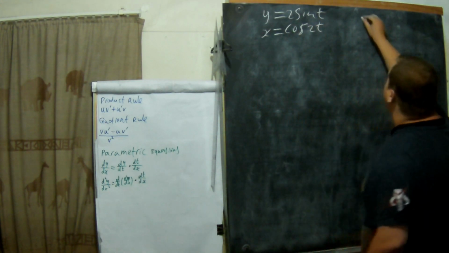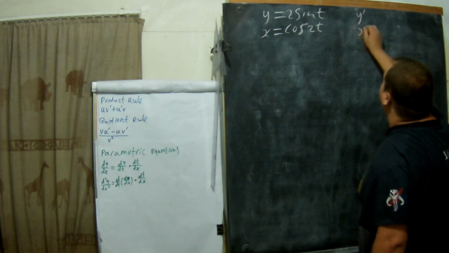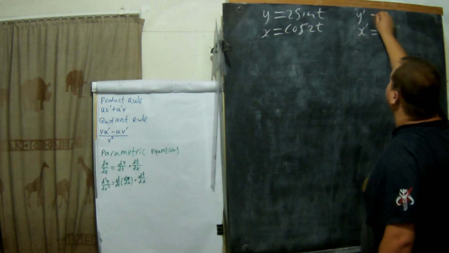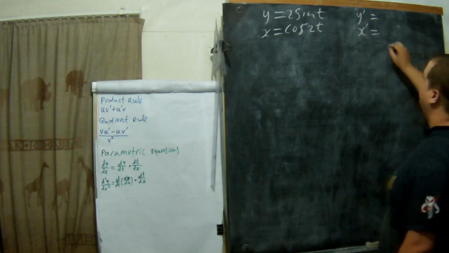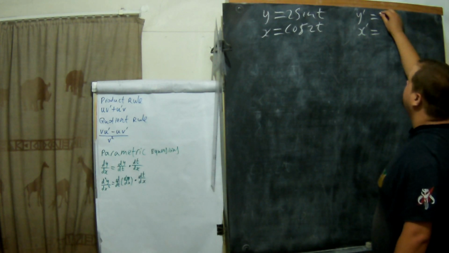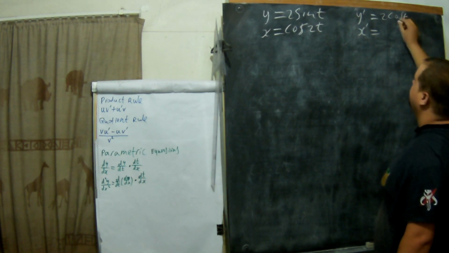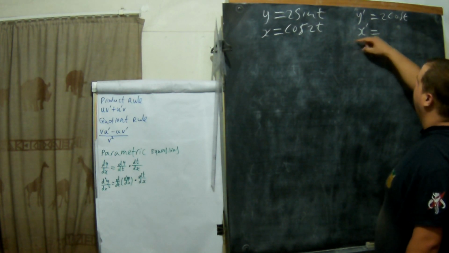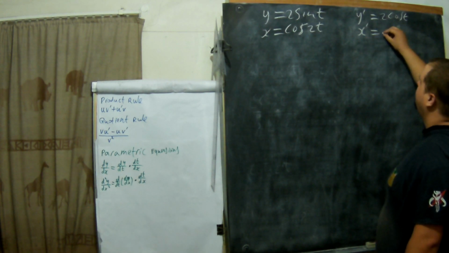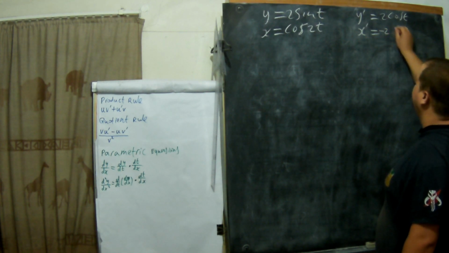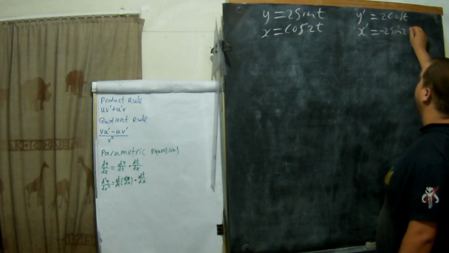Right, so y prime, x prime. So y prime is 2 cos t. Now x prime, the derivative of cos 2t, will be minus 2 sine 2t.